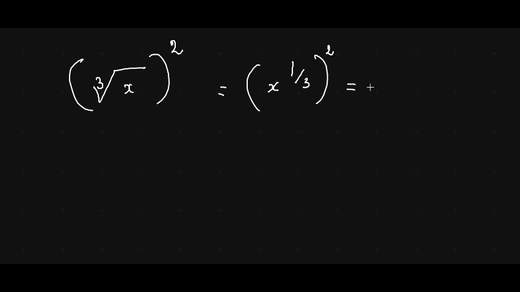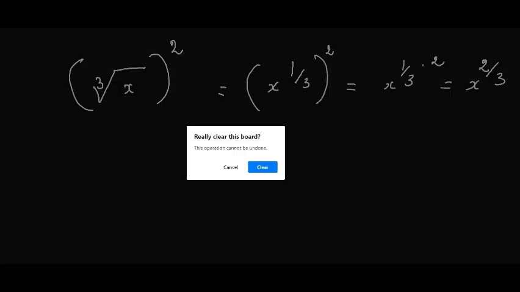Using that formula, x to the power of 1 by 3 multiplied by 2 is x to the power of 2 by 3. These are all basic arithmetic, but you might have forgotten, so I'm giving you a refresher because the next set of problems requires you to know this. Now I think we'll solve some more problems before we come back to the drawing board.